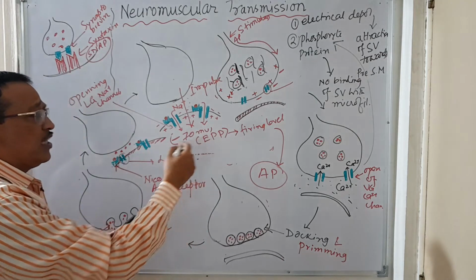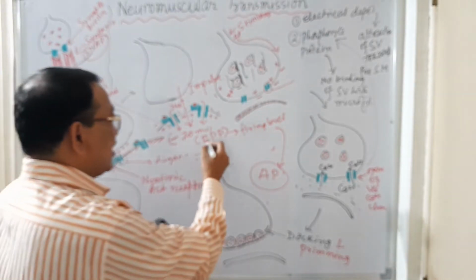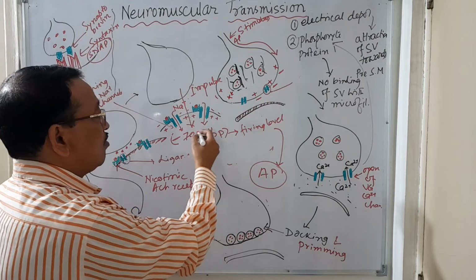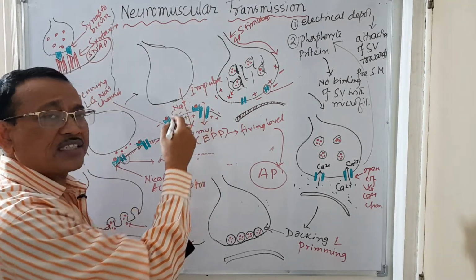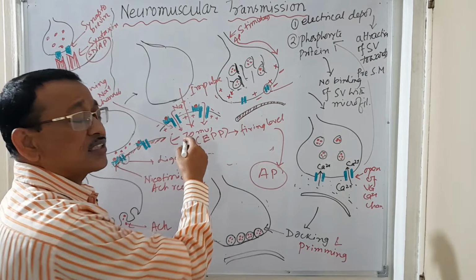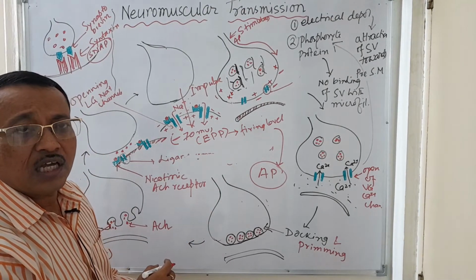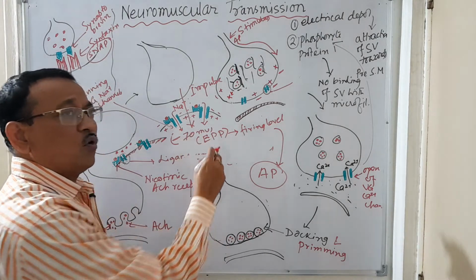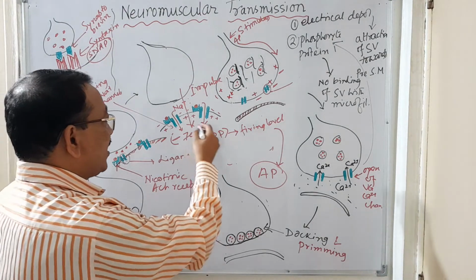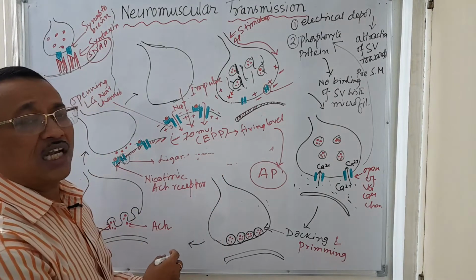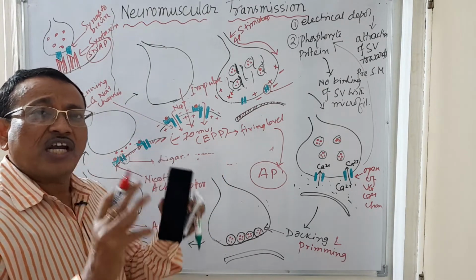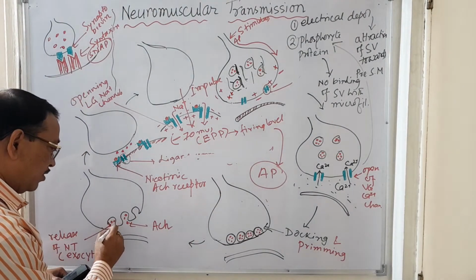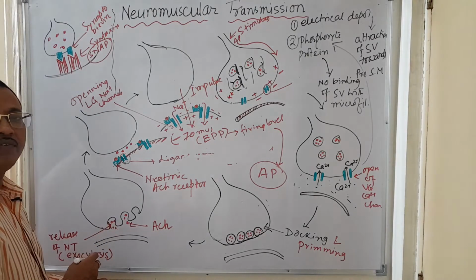Now, one thing I want to mention: as I told you, the end plate potential reaches from minus 90 to minus 70 millivolt. To produce this minus 70 millivolt end plate potential, more than a sufficient amount of acetylcholine is released from the presynaptic terminal.